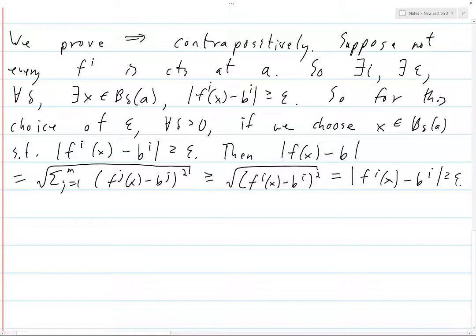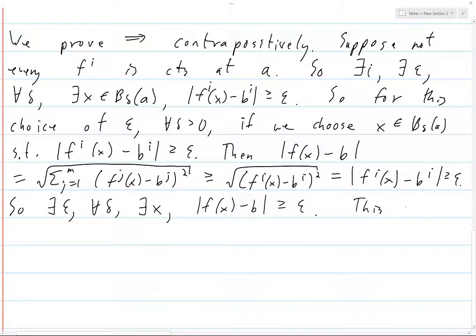So what have we chosen? There exists an epsilon such that for all delta we can find an x such that the norm of f of x minus b is greater than or equal to epsilon. This means that f is not continuous at a.